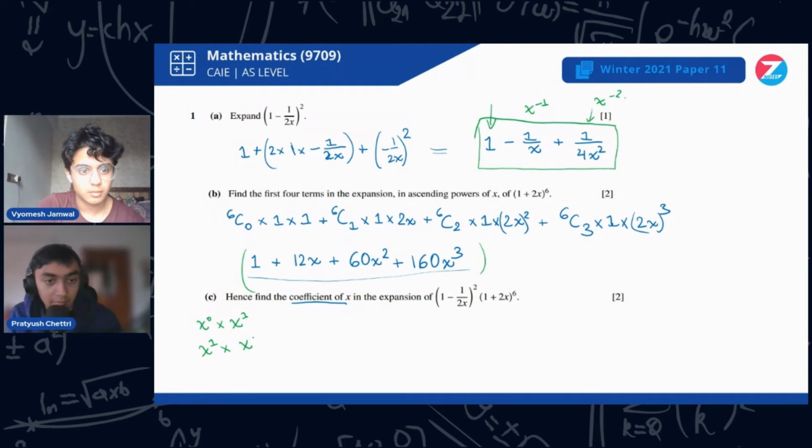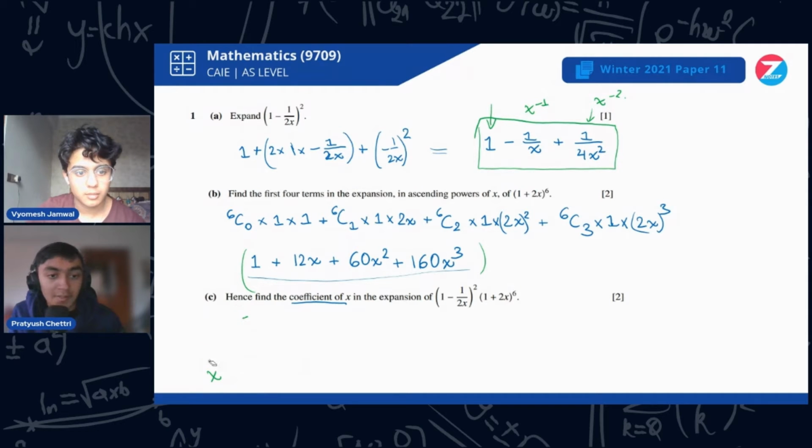Or we can multiply an x power 2 times an x power minus 1. Or we could even multiply an x power 3 times an x power minus 2. And these would all give us terms with x.